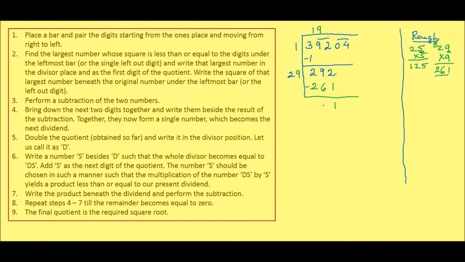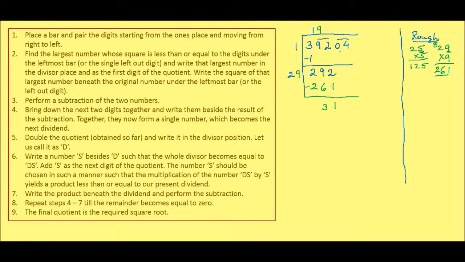So it becomes 31. Repeat steps 4 to 7. This is rule number 8. Repeat steps 4 to 7 till the remainder becomes equal to 0. We are having a non-zero remainder, so we have to move back to rule number 4, which says that bring down the next two digits together and write them beside the result of the subtraction.